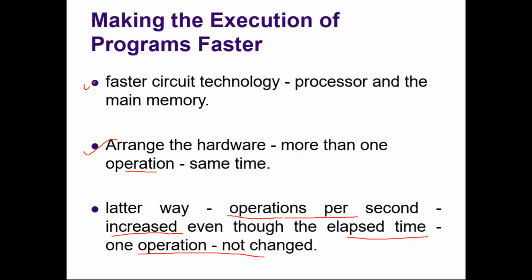The first technique is actually decreasing the elapsed time to perform one operation. But the second technique is not doing that. It is just arranging the hardware in a different order so that more than one task can be done at the same time. By that, operations per second, which is nothing but throughput, got increased, even though there is no change in the elapsed time to perform one operation.